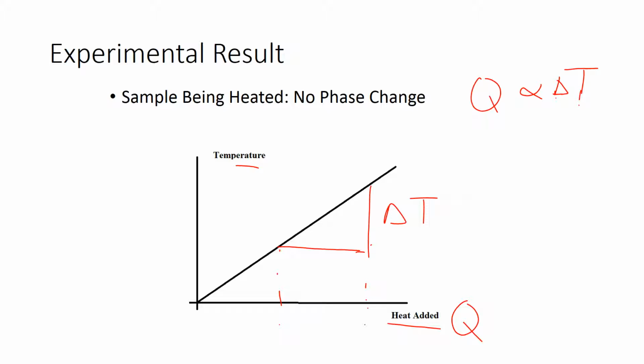The more mass you have, the more heat you have to add for a given temperature change. So our ratio Q to M is going to be proportional to delta T. Larger masses, smaller delta T's, smaller masses, larger delta T's.